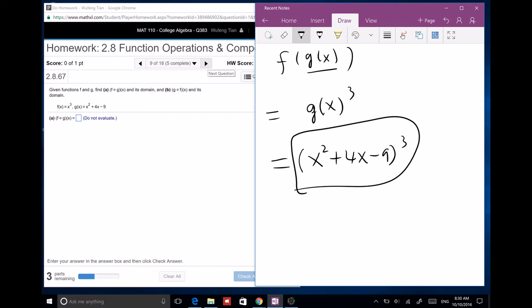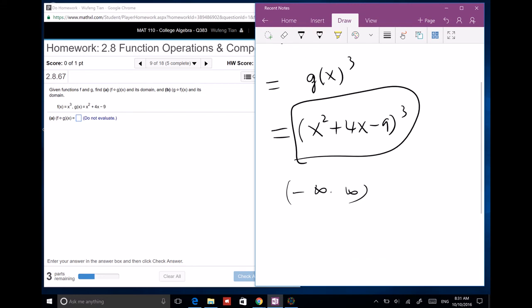And part A is its domain. The domain is negative infinity to positive infinity.